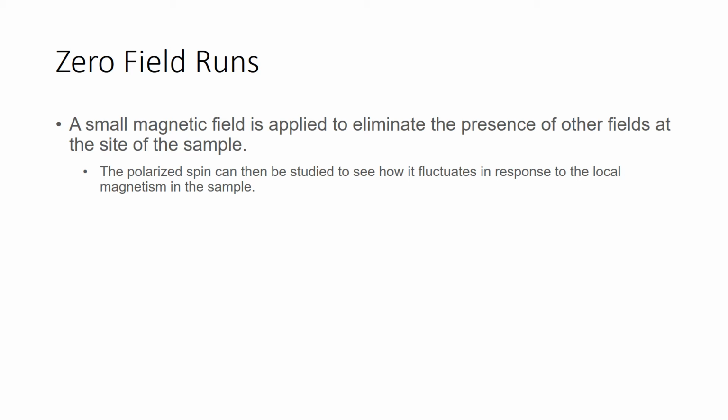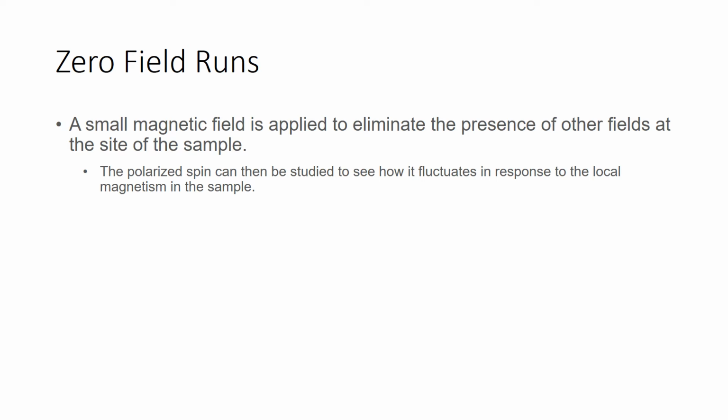By doing this, the polarized spin can be studied to see how it fluctuates in response to the local magnetism within the sample, because if there's no magnetic field on the outside or at the side of the sample, the muons will go into the sample with the polarized spin, and then once they get into the sample, it can be studied how their polarized spin is affected by the actual sample once they're in it.